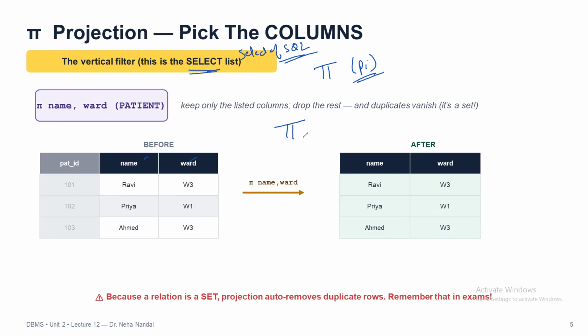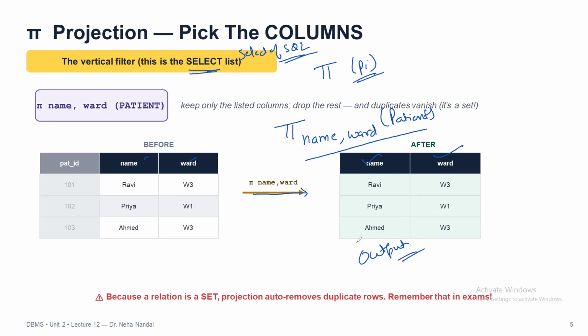The representation will be pi, the condition again, name and ward, because it will touch the columns, from which table? From the patient table. So in this way you will represent it. Then it will just show you the name and ward columns from the patient table.